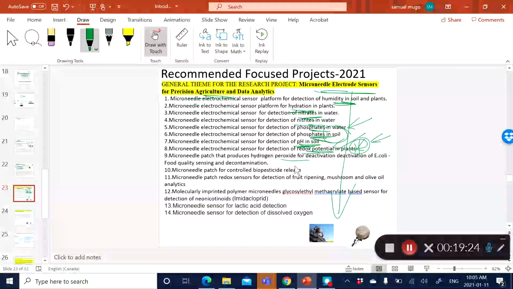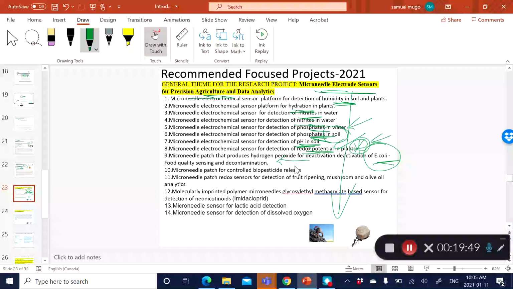For anyone interested in microbiology, somebody can work on developing a platform that can deactivate or kill bacteria or even other pathogens such as viruses, even COVID-19. Actually, we recently proposed that kind of project with a company here in the city.